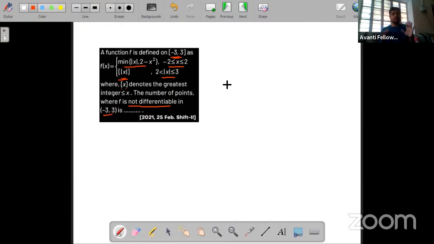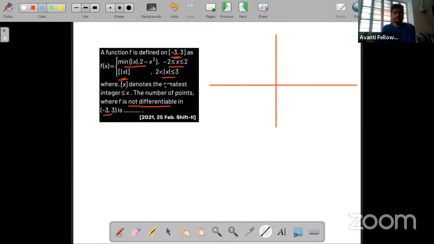Okay, so sir, what should we do? First of all, we should draw the graph. So the function from -3 to 3 completely we have to draw, na? So I'll draw like this.